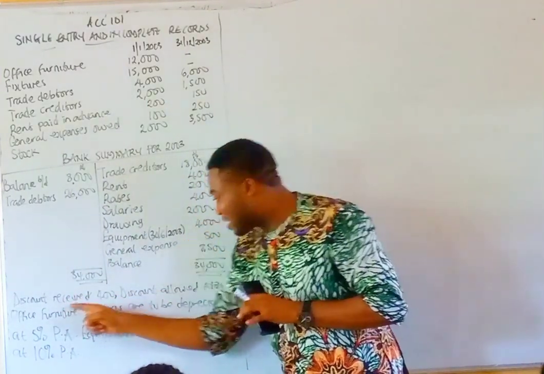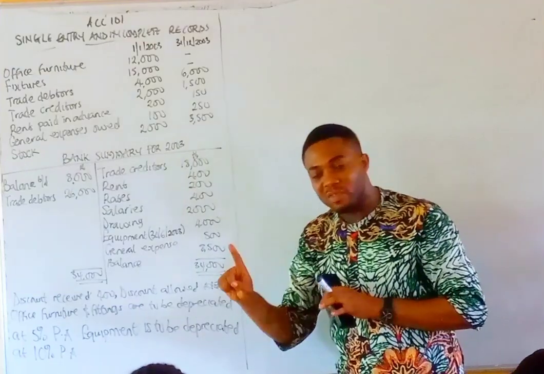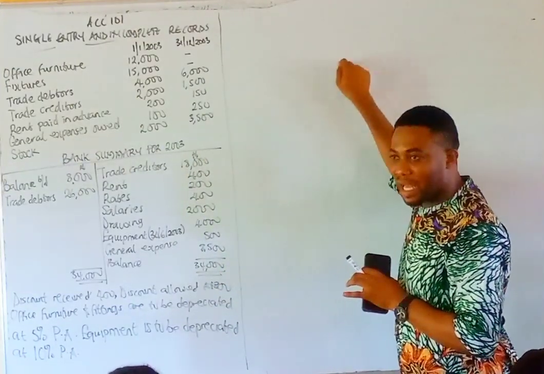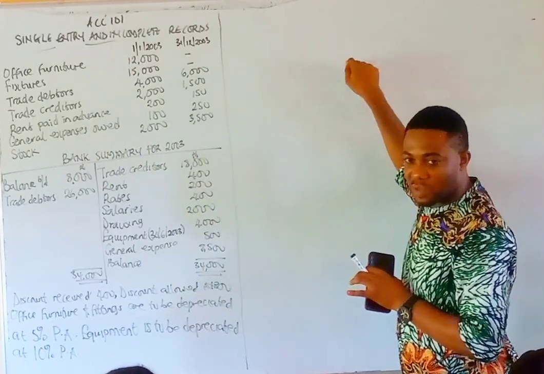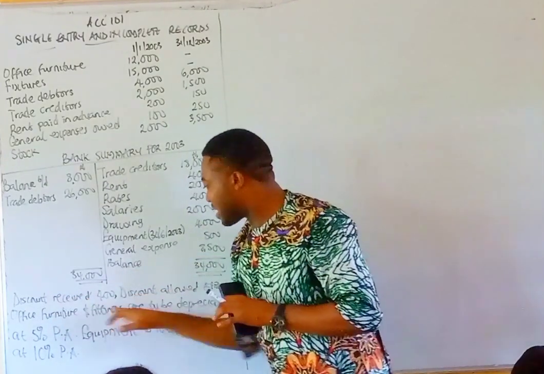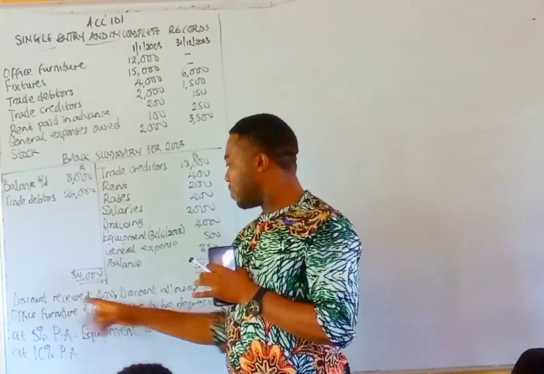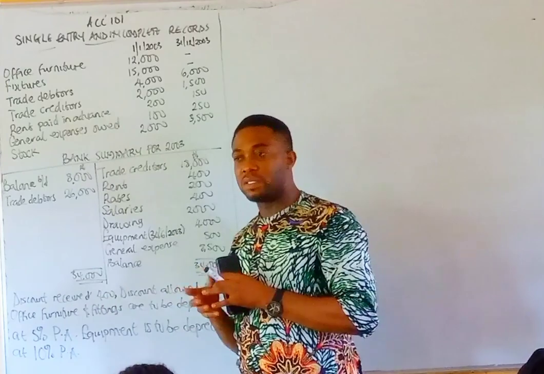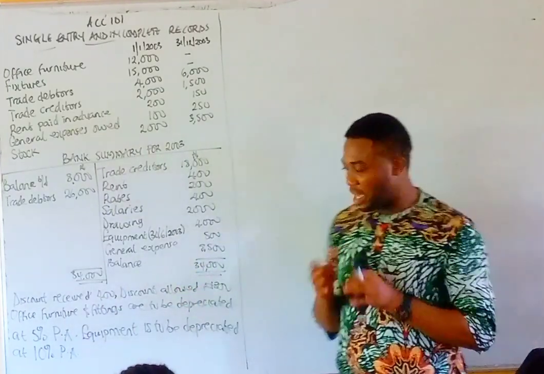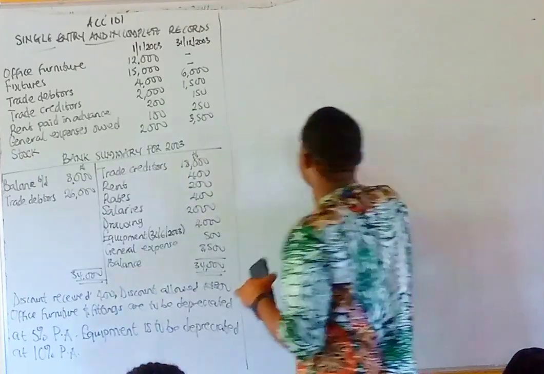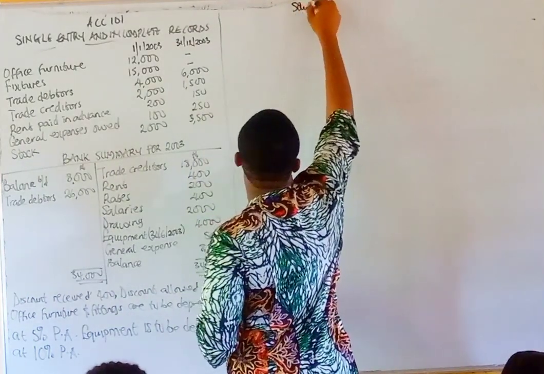I said if we have discount received and discount allowed, because that question doesn't have it, it will first of all come to those accounts, the credit and control accounts. Then discount received and discount allowed can also go to the profit. Discount received is an income. Discount allowed is an expense. Did you get it? So that is where I want to start solving. Let's start the solutions.